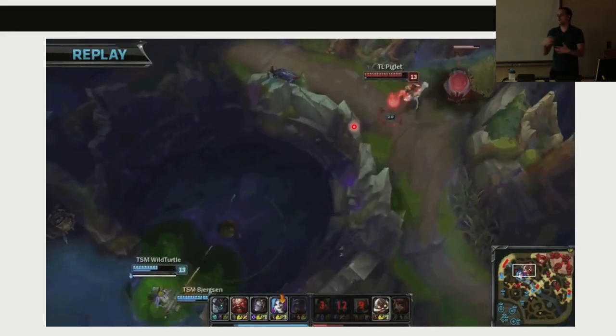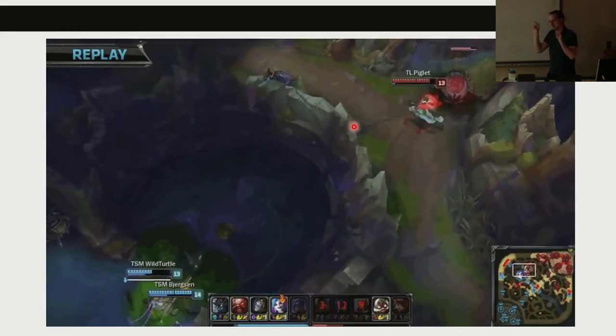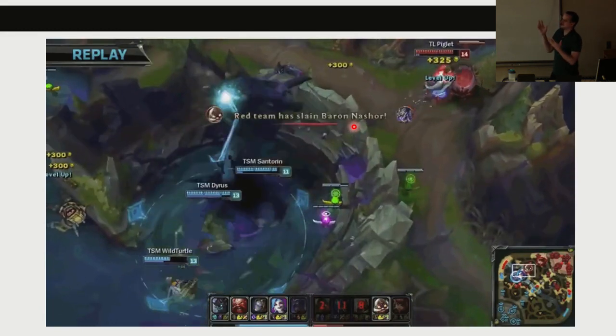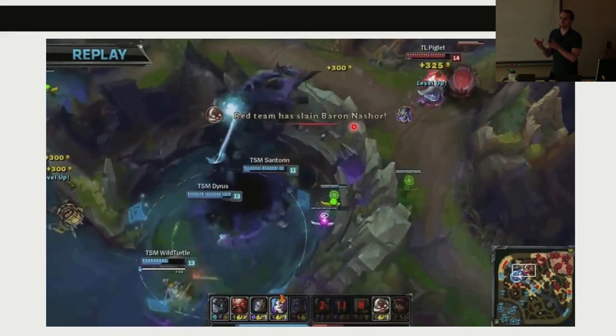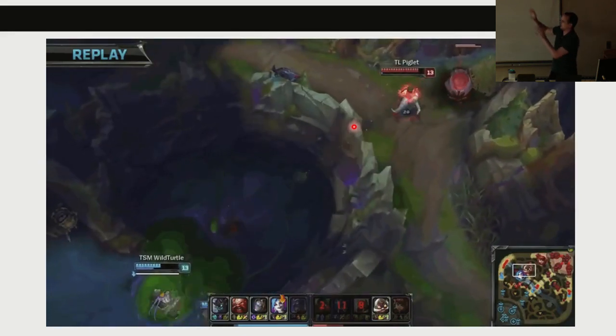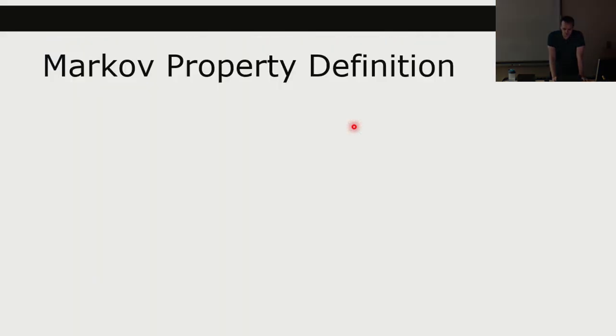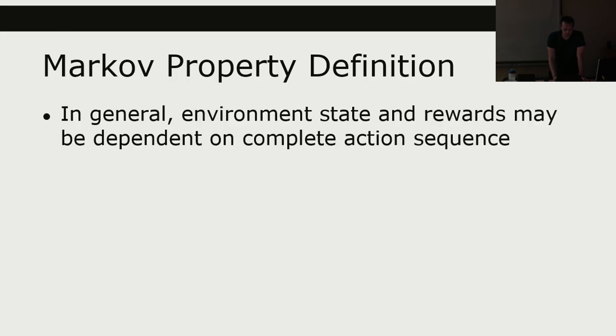Now, what you can do to take a non-Markov thing and make it Markov is this kind of cheesy hack where, as part of the state, you encode the state history. But in a purist way, this is not a Markov decision-making process. So, the definition of the Markov property, in general, for every possible problem: environment, state, and rewards may be dependent on the complete action sequence.